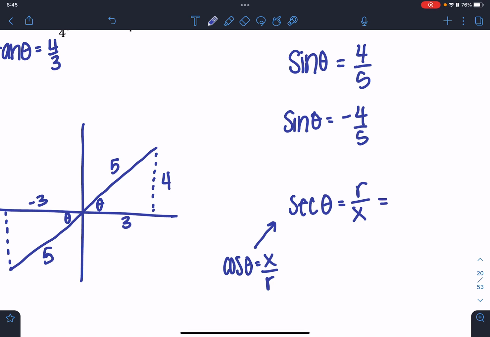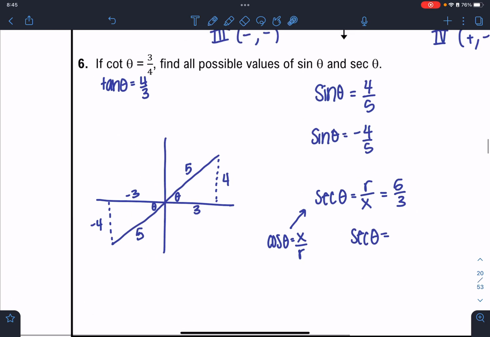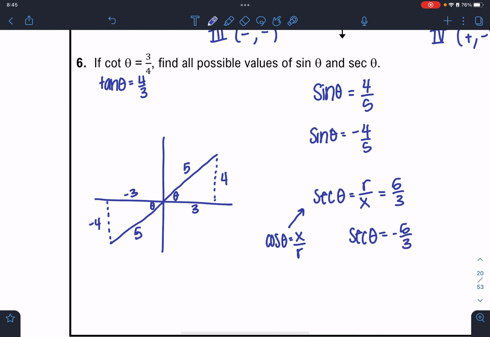So the first secant that we can do is that radius 5 over the x 3. So 5/3, and then we can also go the other way. So I can also have secant theta being negative, or that positive 5 over negative 3. So negative 5/3.